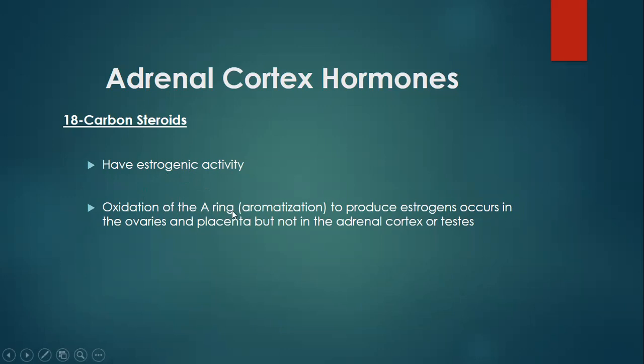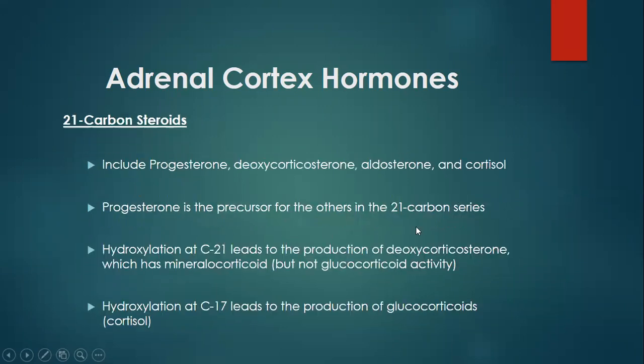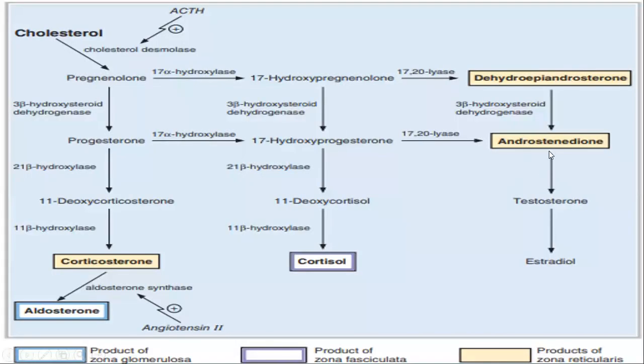By oxidation, we mean we aromatize the precursor molecule. We produce estrogens. This aromatization, this oxidation of the A ring, happens in the ovaries and placenta, but not in the adrenal cortex or testes. So it is this molecule which undergoes aromatization to produce estrogen, and this only occurs in the ovary and in the placenta, but not in the testes or the adrenal cortex.